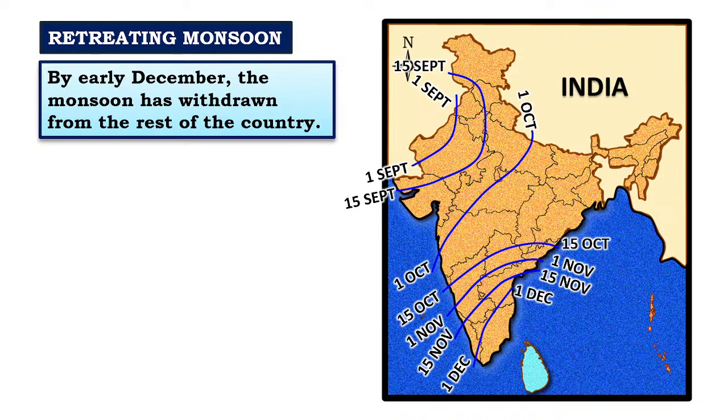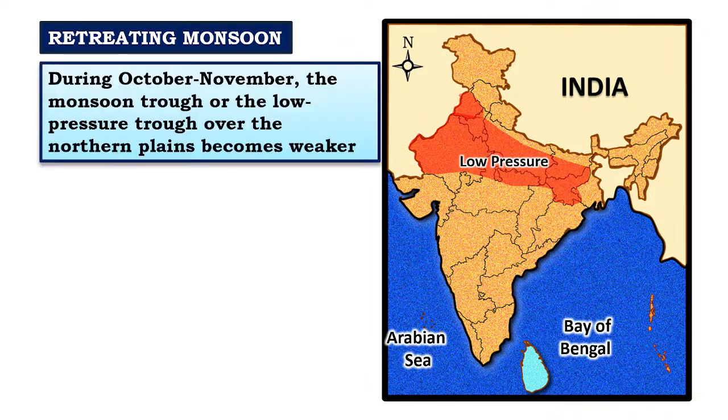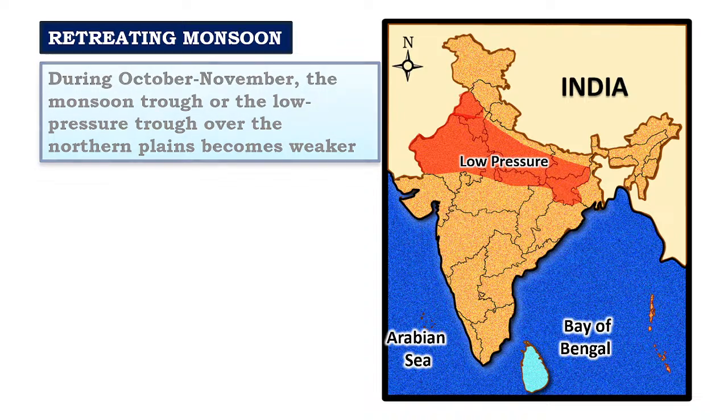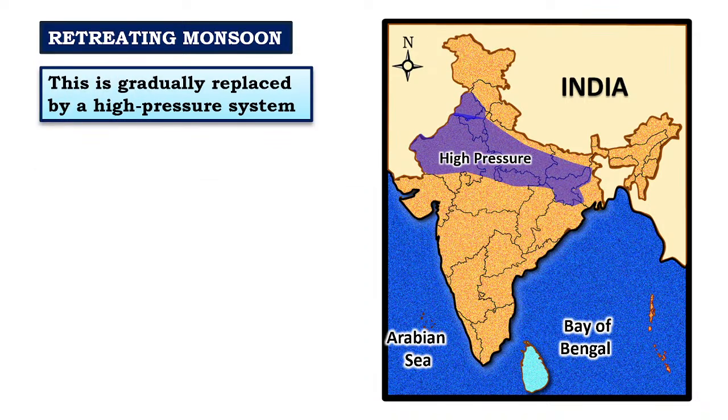Next. So during October November, the monsoon low pressure becomes weaker, this becomes high pressure. Remember one thing, now what is happening in October? In October, the winter season starts in India, yes or no? So in the northern hemisphere, which season started?